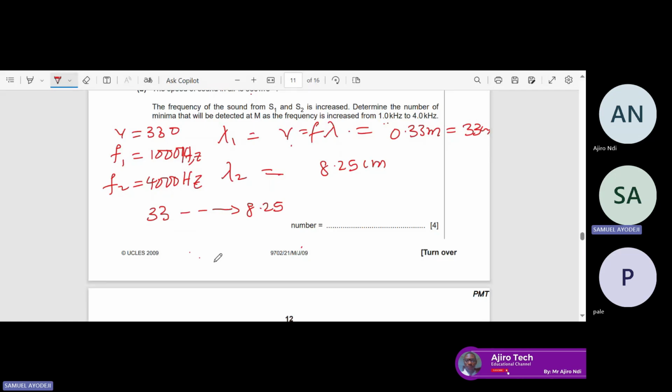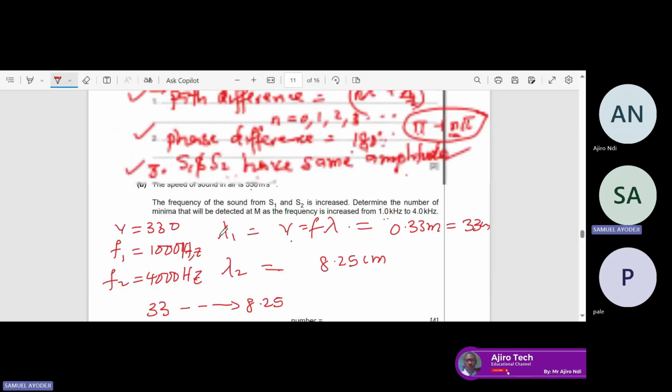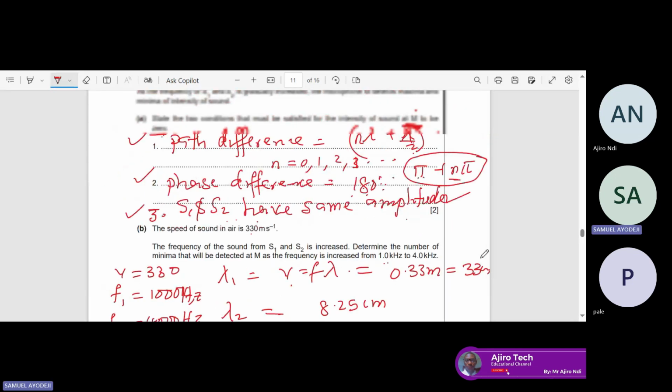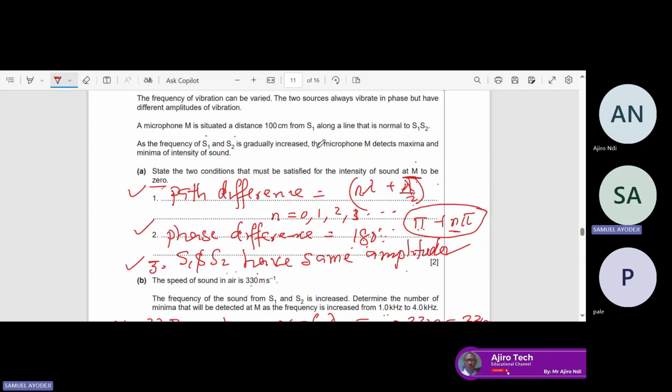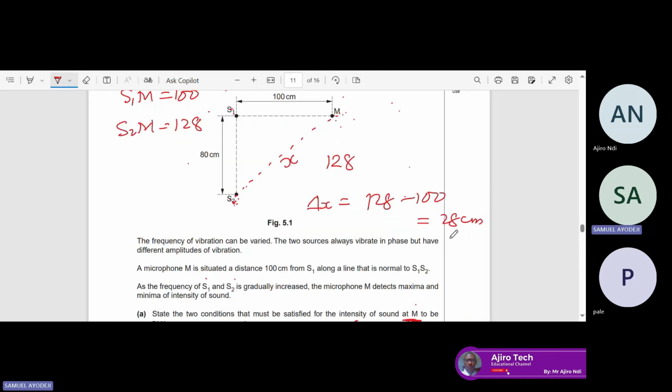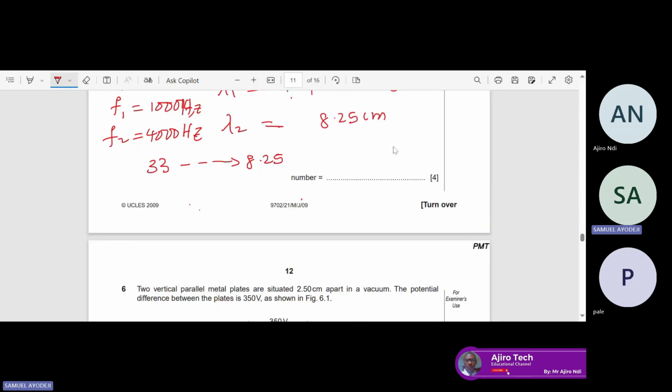Path difference is this. I want to convert it and see what I am going to form. Is it going to be destructive or constructive? That's what I want to confirm from here now. Okay, fine, I already have 28 of path difference.